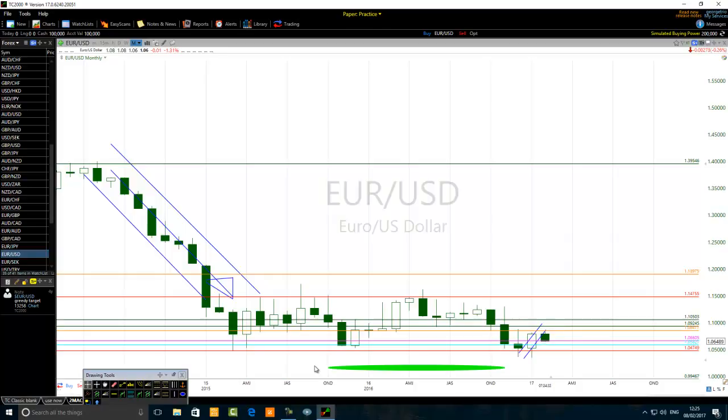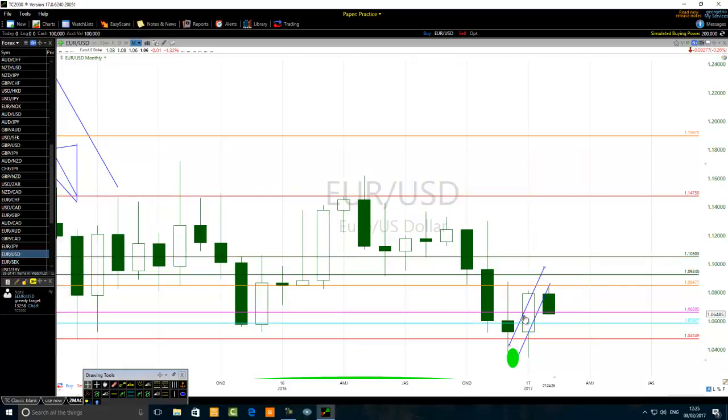We have a bigger horizontal channel, but there is a smaller channel that the professionals are watching right now. That smaller horizontal channel, smaller consolidation, is between 1.0847 and 1.0474. Median line 1.0660.